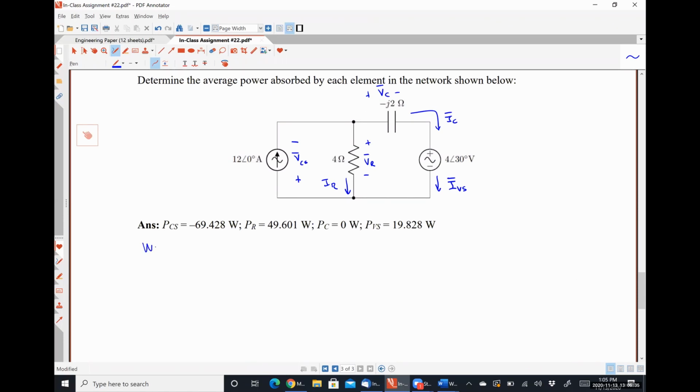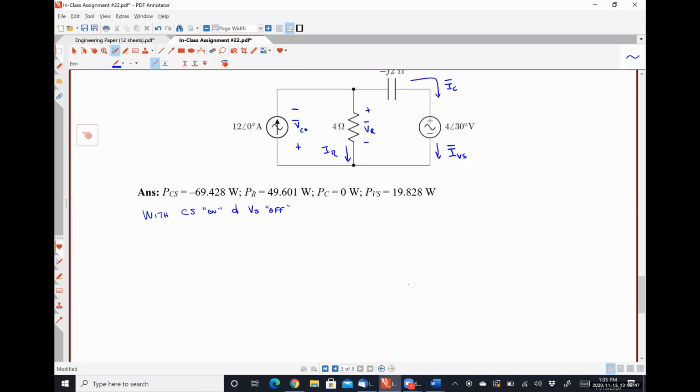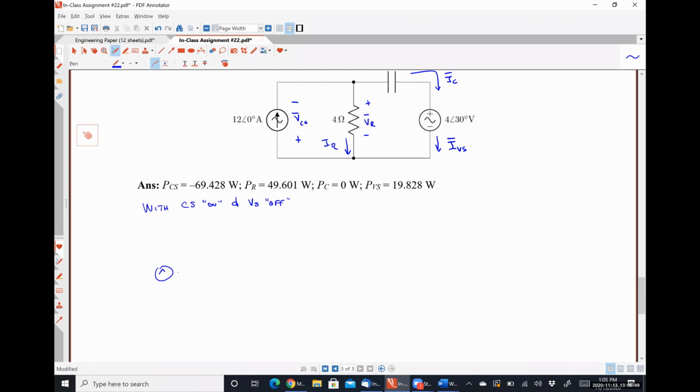So with the current source on and the voltage source off, we are going to have 12 angle 0 degrees amps.